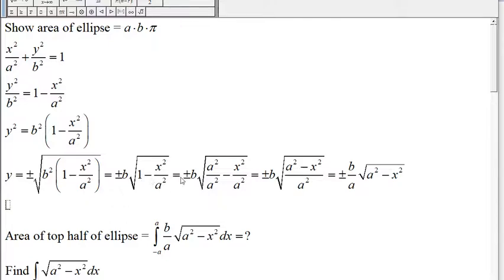So 1 is the same as a squared divided by a squared, giving a squared minus x squared divided by a squared. The square root of a quotient is the square root of the top divided by the square root of the bottom, and the square root of a squared is just a. So we end up with plus or minus b over a times the square root of a squared minus x squared.